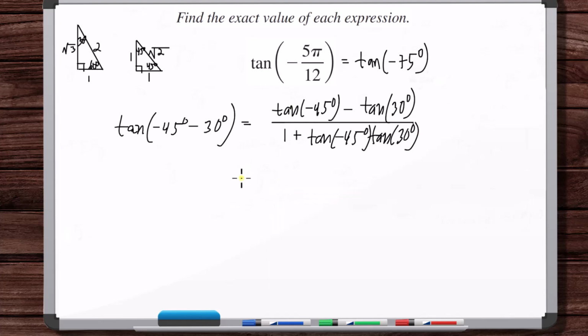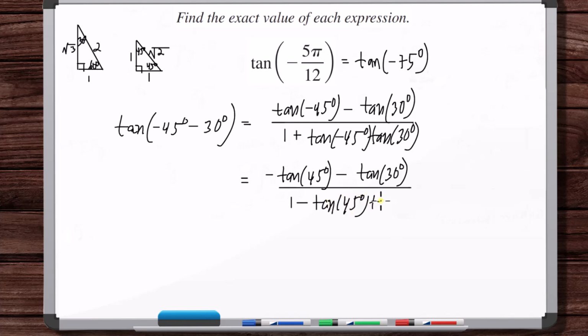Okay, tangent is an odd function, so tangent of minus 45 we can write as minus tangent 45, and then same down here. Okay, tangent 45 is 1.